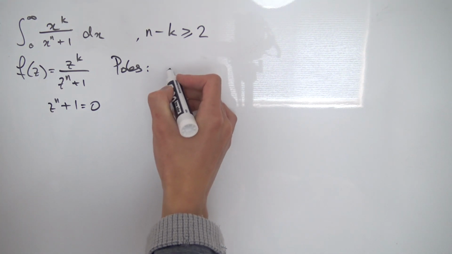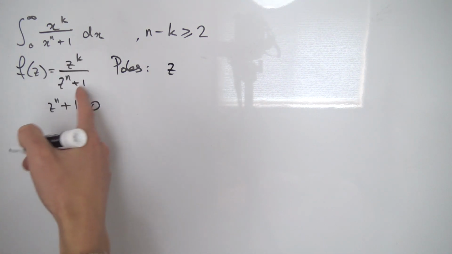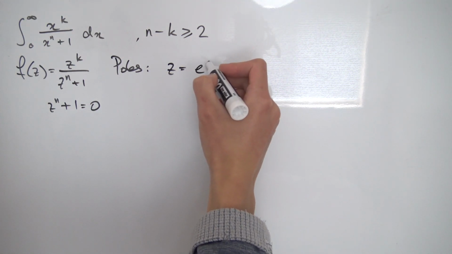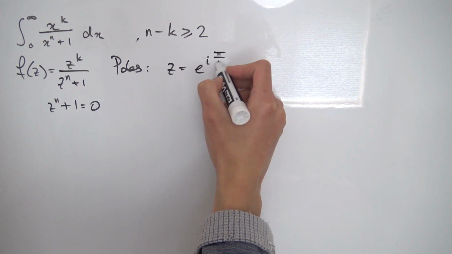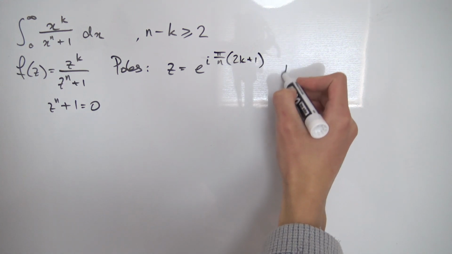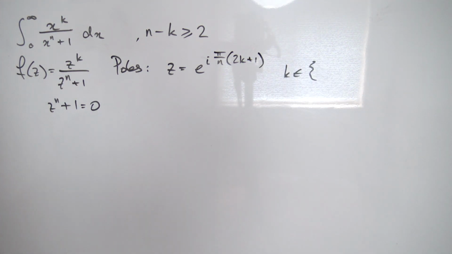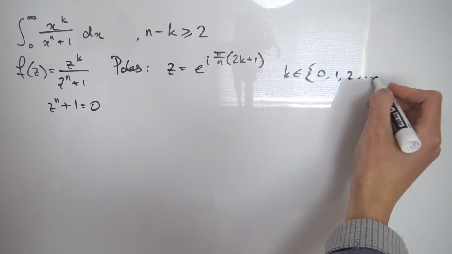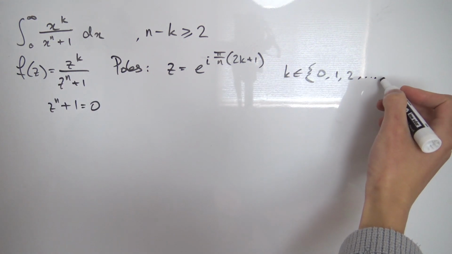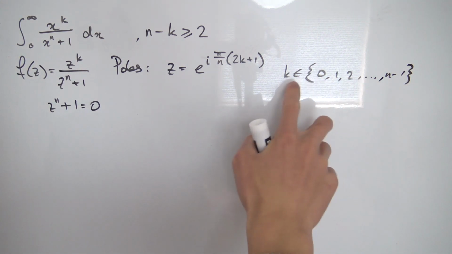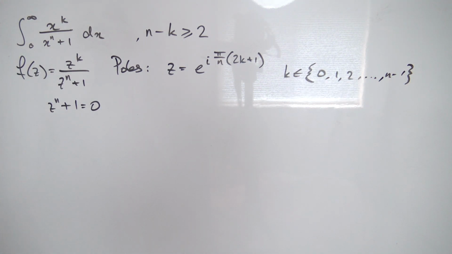But what you're going to get is that the poles of this function occur where z is equal to e to the i pi over n times some odd number, so 2k plus 1, where k is just going to go from 0, 1, all the way up to n minus 1. And it only goes up to n minus 1 because we don't want to repeat the poles, because if k is equal to n, then we are repeating the first pole.